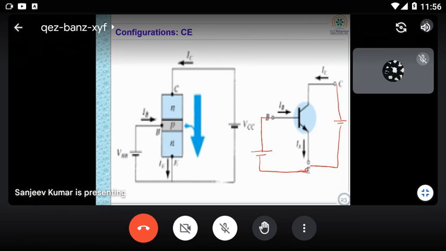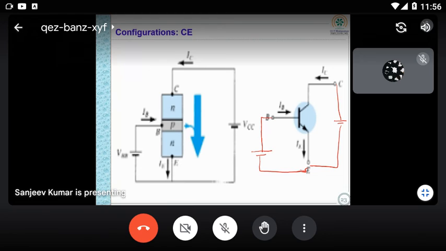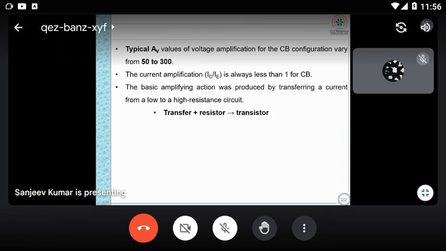Hello, sir. Tell me. Sir, if we have to bring the voltage down, the input voltage, tell me once again. We have to make the output voltage less than the input voltage. Which case, the previous case you are telling? Yes, sir. Once again you repeat.